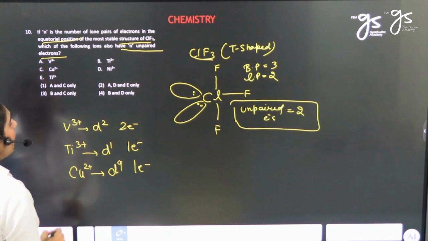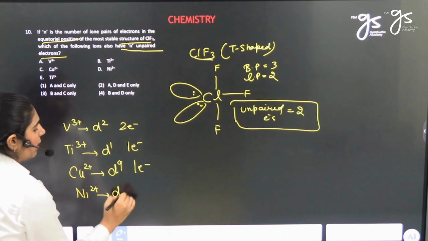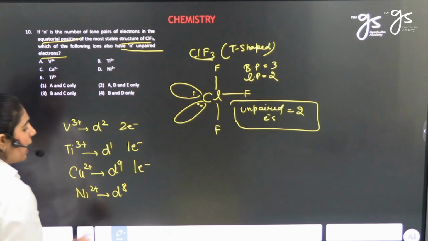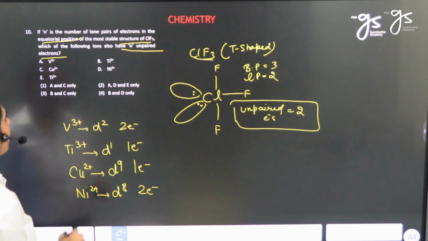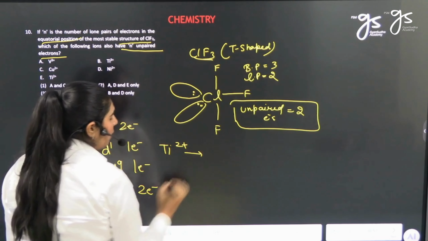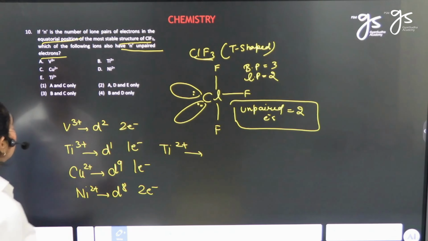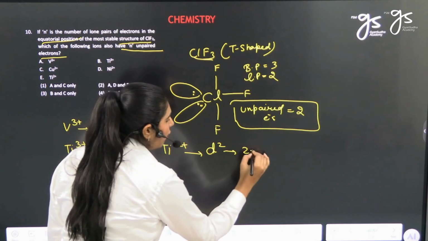In nickel, Ni2+, it is having d8 configuration and it is having 2 electrons. One more is there, that is titanium 2+. This is having our d2 configuration and has the electrons of 2.